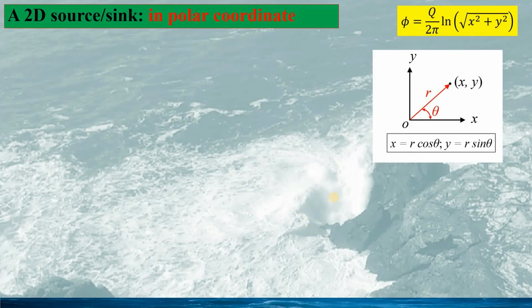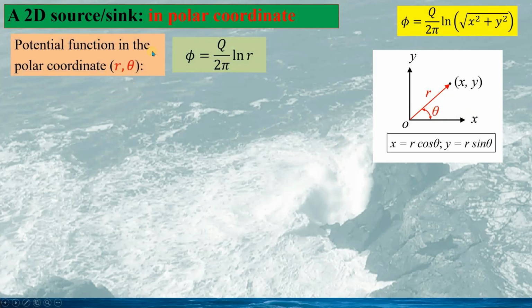For the 2D source, the potential function is better expressed in polar coordinates, see here. So the potential function in polar coordinates would be given as phi equaling this.